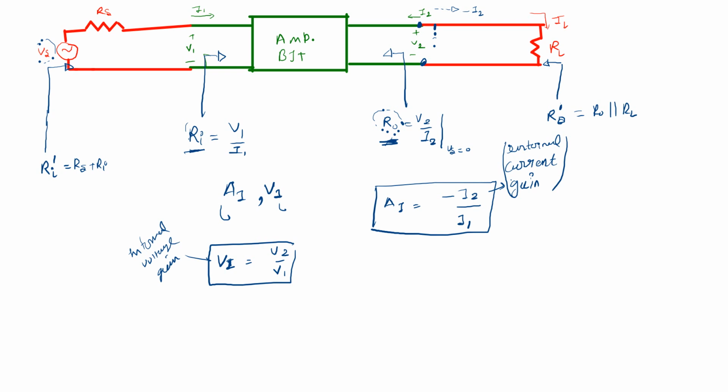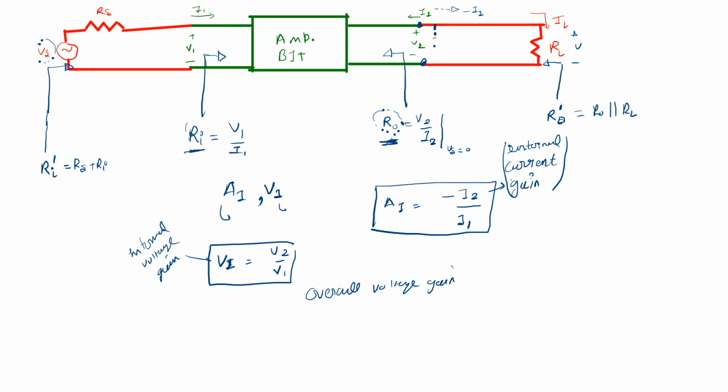But we need to find out our overall voltage gain. How will we do this? So overall voltage gain, overall voltage gain. So overall voltage gain here, if you will see, this is the load resistance across which it will have voltage.